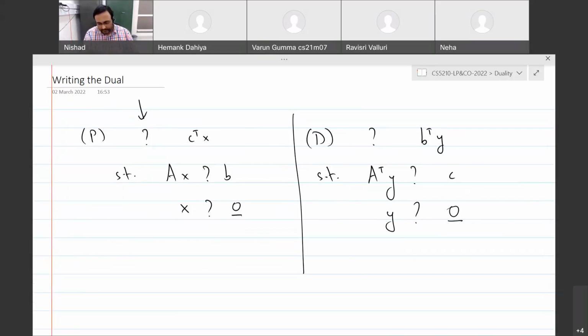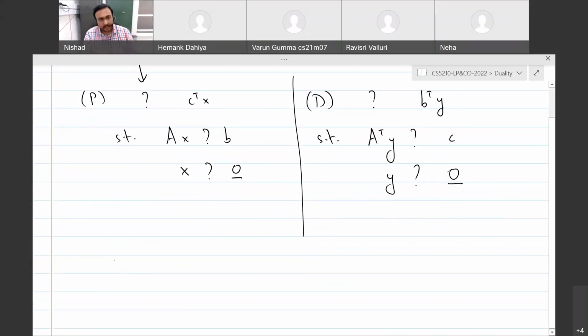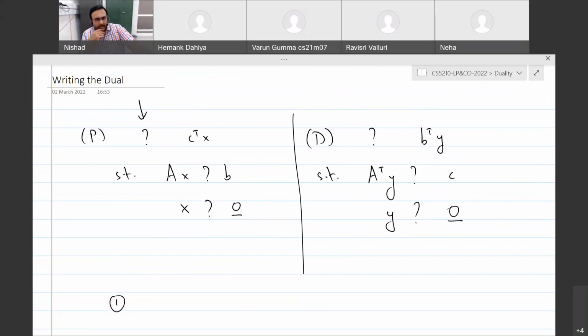There are some things which are very easy. So the first point, maybe you can tell me. Supposing the primal is a maximization problem, what should the dual be? Or if the primal is a minimization problem, what should the dual be?